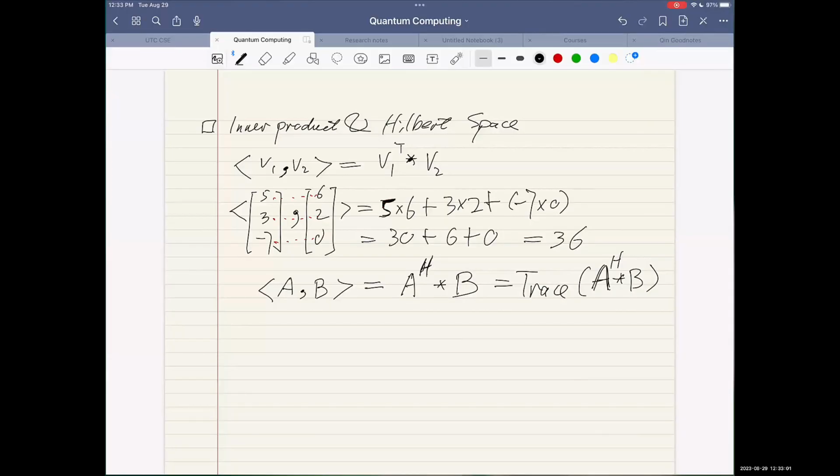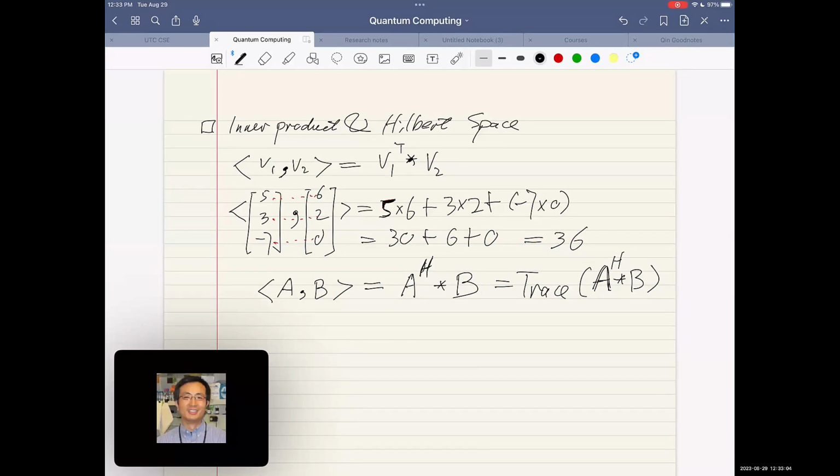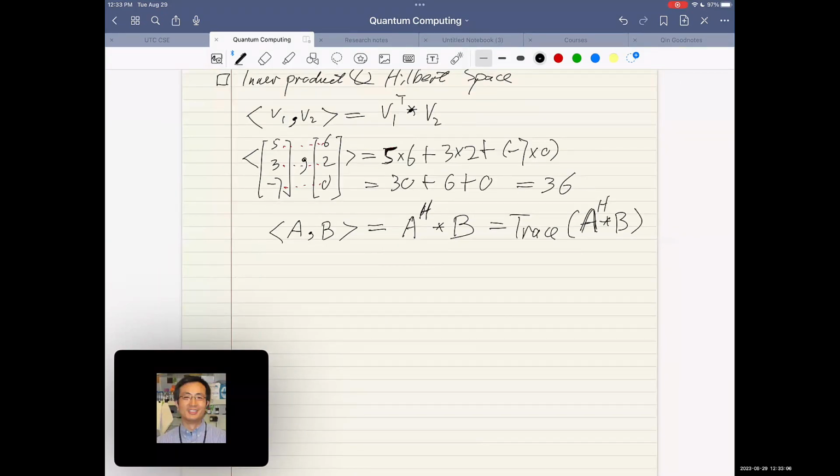It turns out in quantum computing, the Hilbert space is the inner product, or in fact, the so-called complete space of complex inner product.